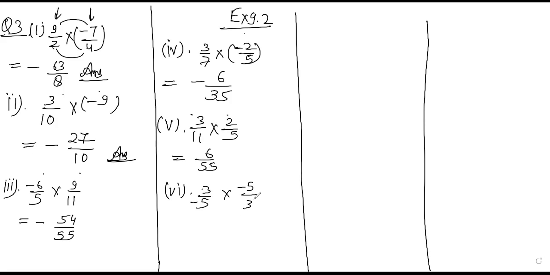Look here, 3 ones are 3, 5 ones are 5, and minus 1 will also get cancelled out. That means everything will get cancelled out, which gives you 1.